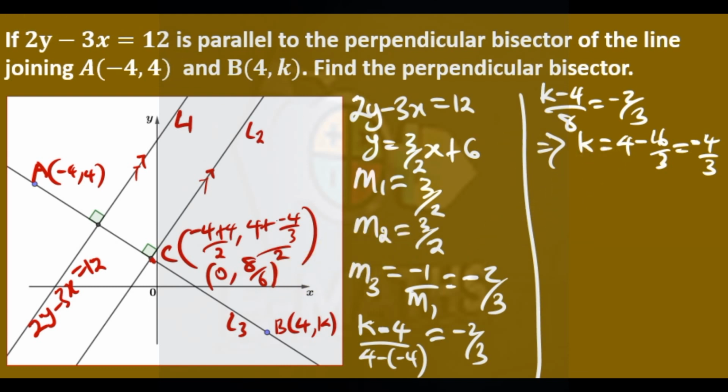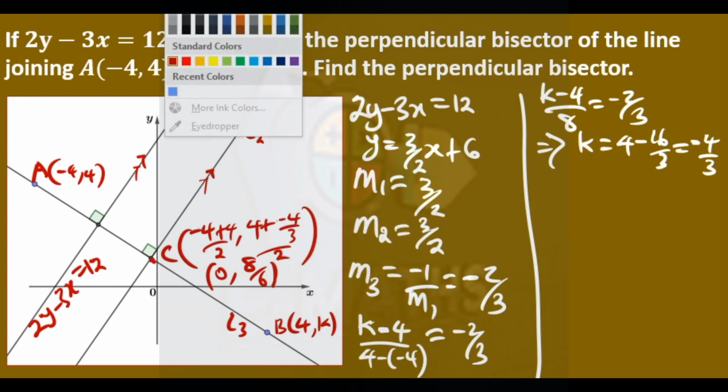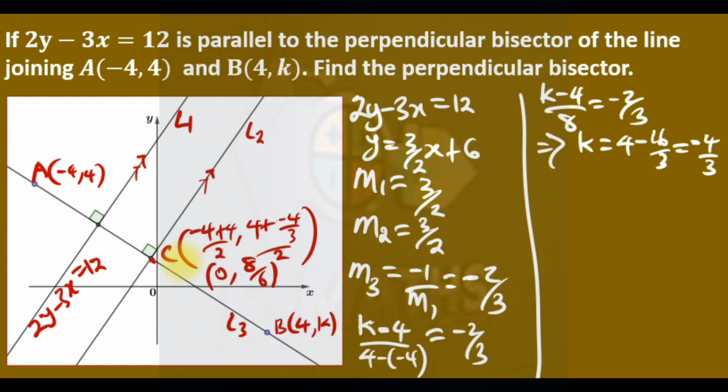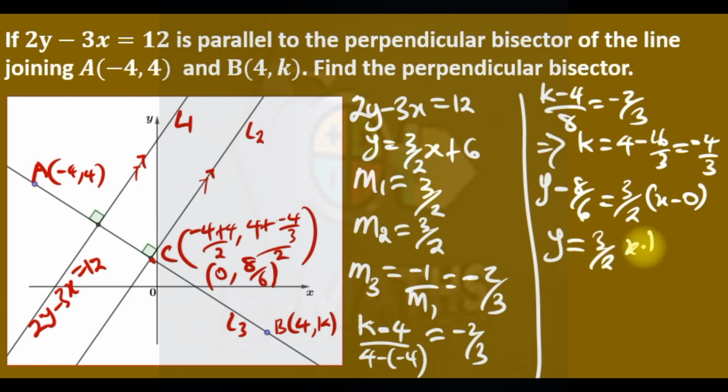So let's finish up the solution. The equation of this line passing through this point with slope 3 over 2, the slope of line 2, is y minus 8 over 6 equals 3 over 2 times (x minus 0). So the answer is y equal to 3 over 2 x plus 8 over 6.